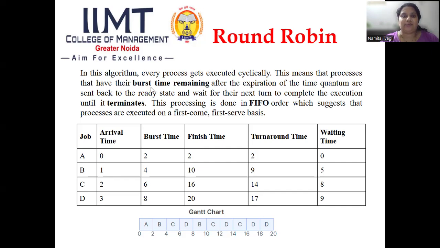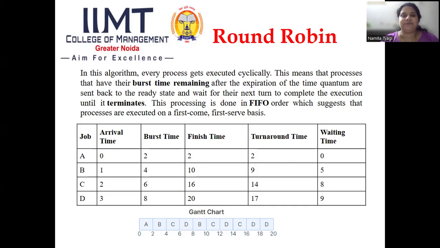This means that processes that have burst time remaining after the expiration of the time quantum are sent back to the ready state and wait for their next turn to complete execution until they terminate. This is done in FIFO order. FIFO stands for first in, first out, which suggests that processes are executed on a first come, first serve basis.